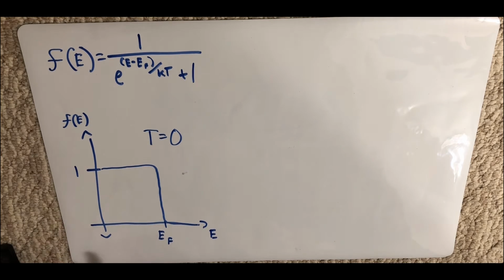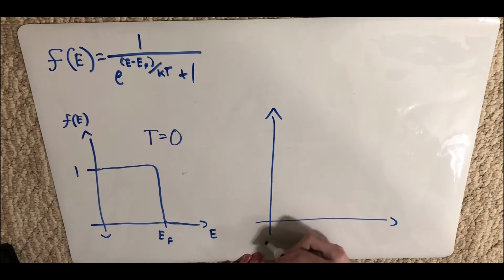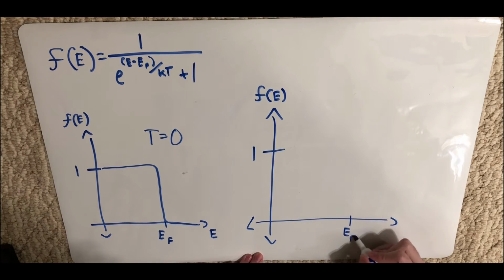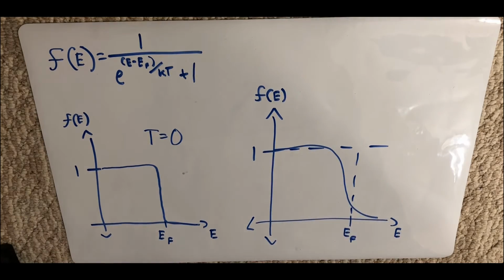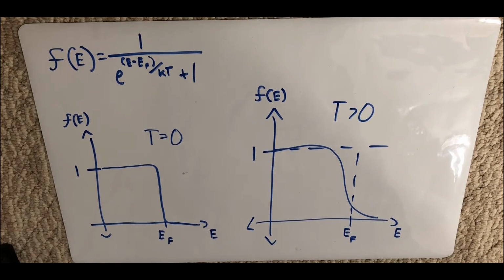However, above the Fermi energy, at absolute zero, you will not find any electron. Now, if you change T to be greater than 0, then the distribution will change, and you will be more likely to find electrons above the Fermi energy.